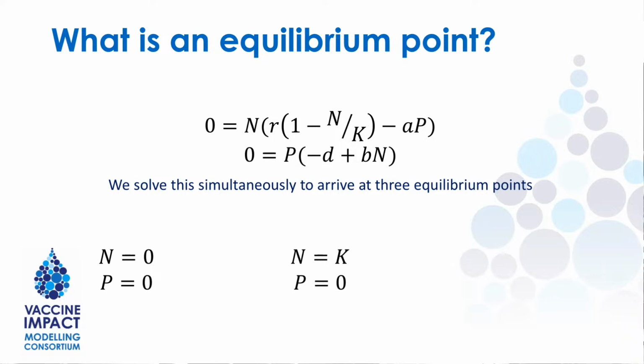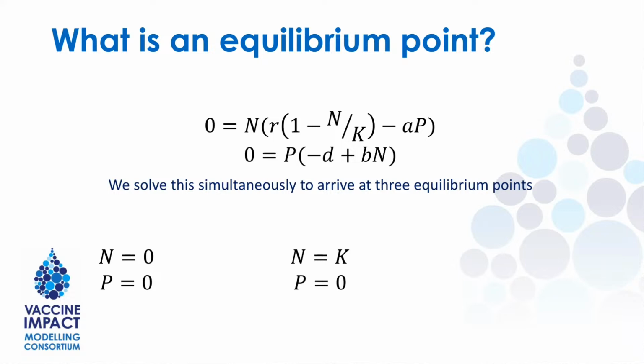So here, we're going to get 3 equilibrium points. Let's break it down step by step though. Firstly, let's look for the simple ones first. Here, we're essentially looking for values of n and p that make these equations make sense, right? Because we've got an n outside the bracket, if n is 0, that first equation makes sense.